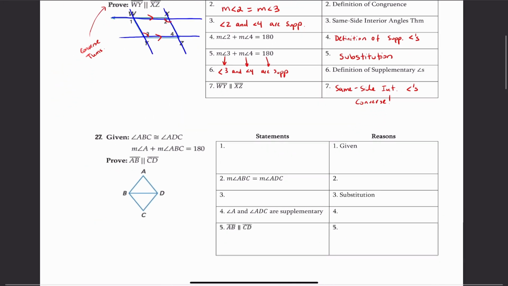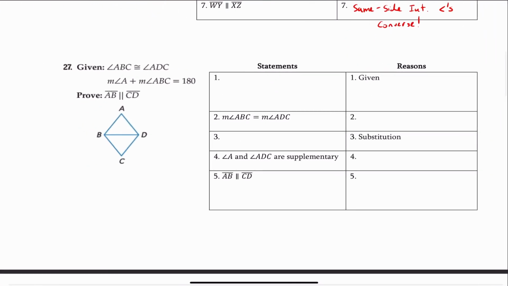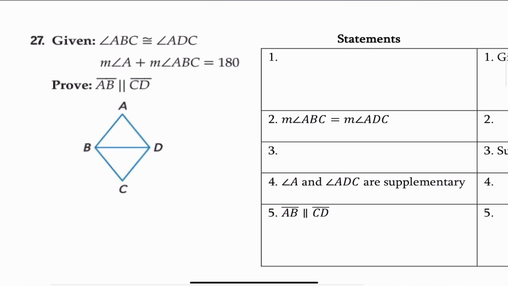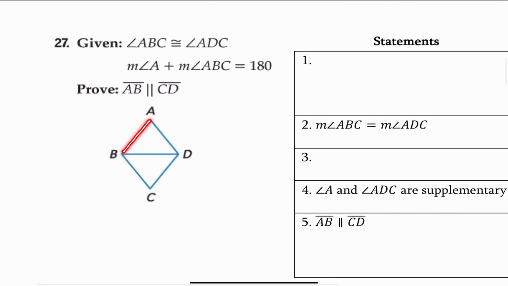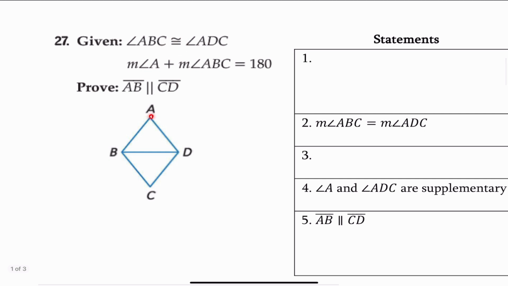Okay, let's take a look at number 27. Given angle ABC, so this angle is congruent to angle ADC, so this angle.